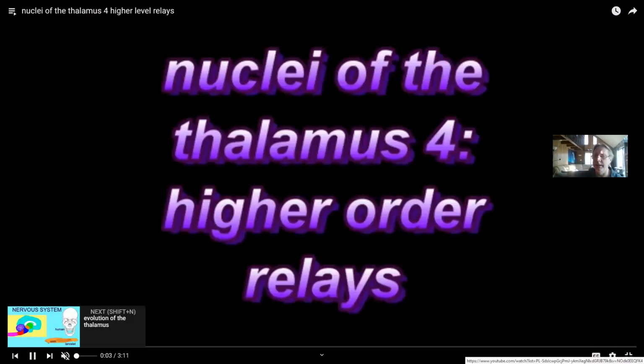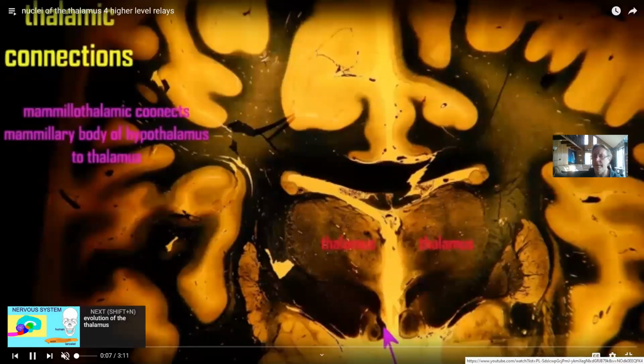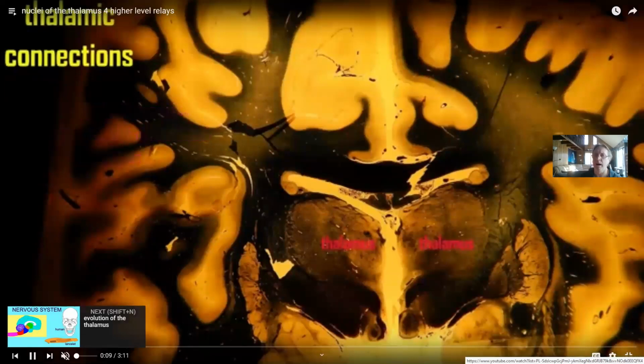And then there's more. So the thalamus, obviously it's relaying information from the body to the cerebrum, and then from the cerebrum to the body. But it's more than that. It's helping to coordinate and set up these higher level relays.